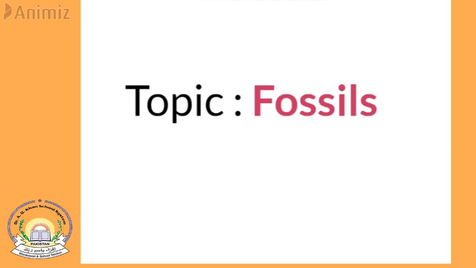In this video, we are going to start with the new chapter, which is chapter number 6 of the books, and the name of the chapter is fossils. So what are fossils? Fossils are basically preserved remains of living organisms from the past.